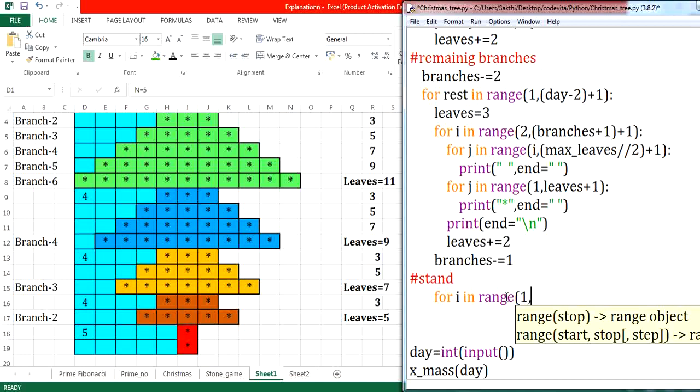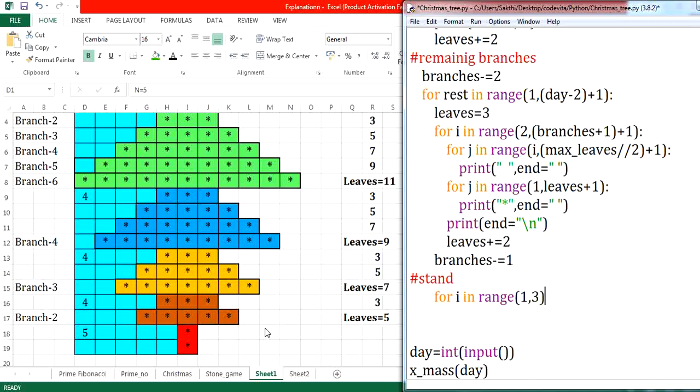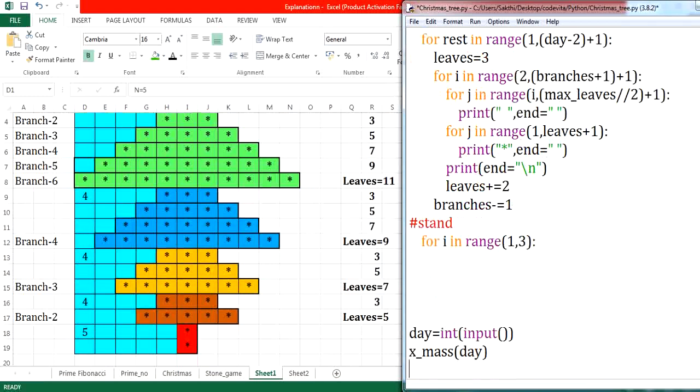Here I am supposed to mention how many stars are there in my stand. I am having 2 rows, right? So your rows count is by default whatever your number of days, it will have only 2 rows. So let me give my row count as 1 to 3, so that it will execute only from 1 to 2. For the remaining logic, we are supposed to consider spaces and printing of the star.